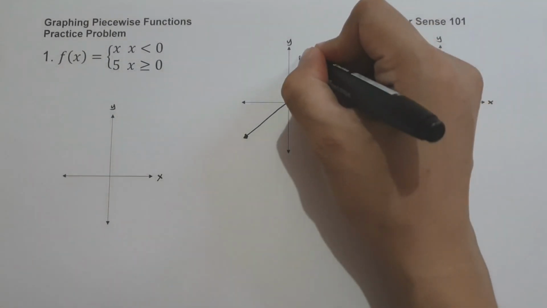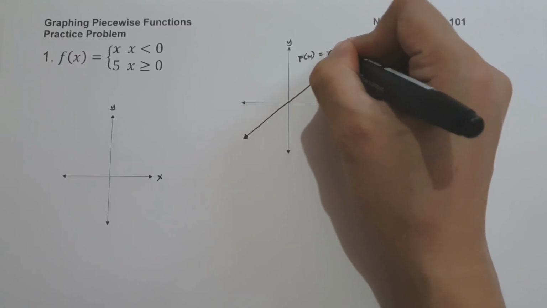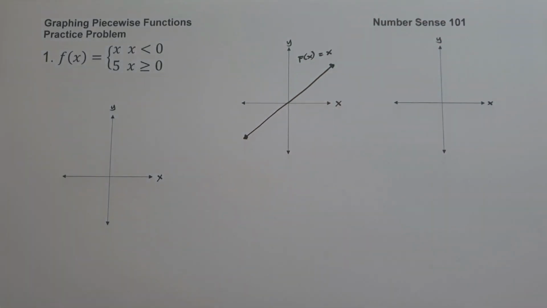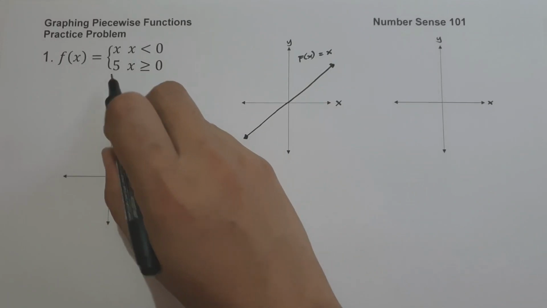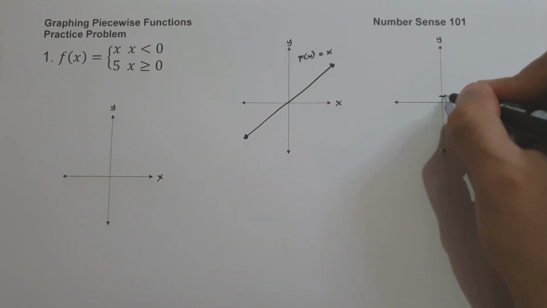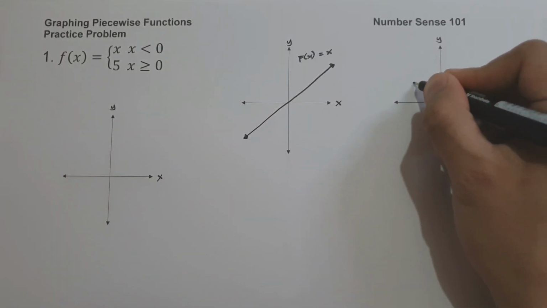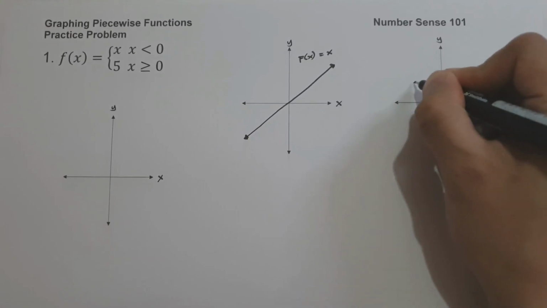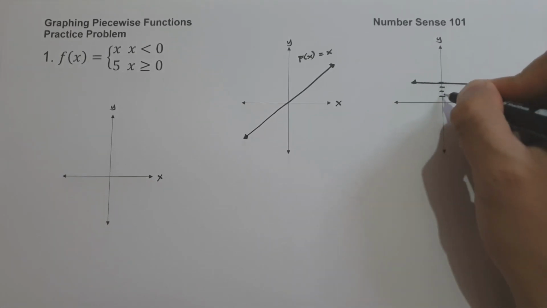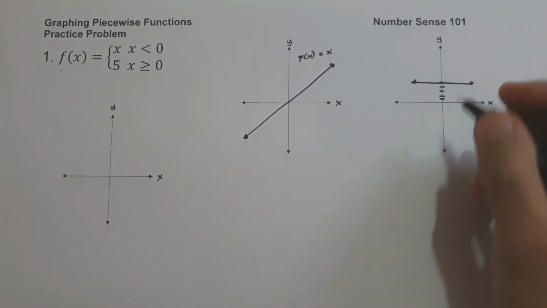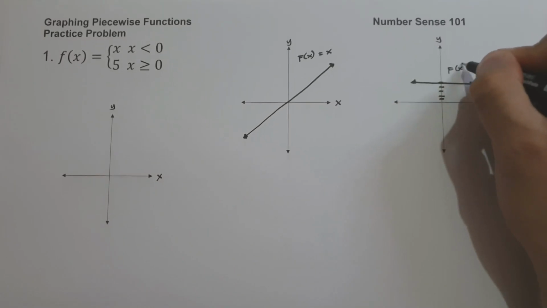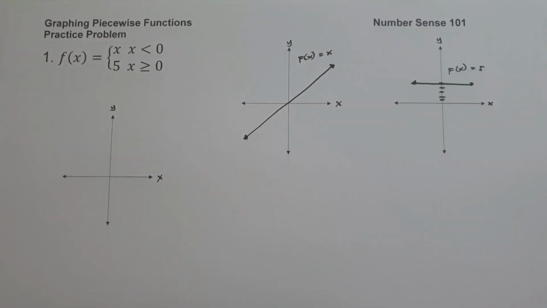So this will be f of x is equal to x. And if you are going to graph a constant, that is 5, that is a horizontal line when y is equal to 5. So this will be f of x is equal to 5.